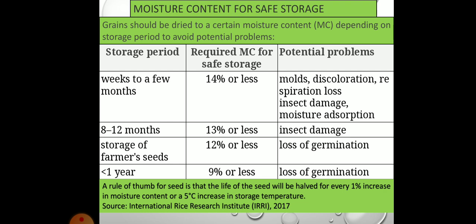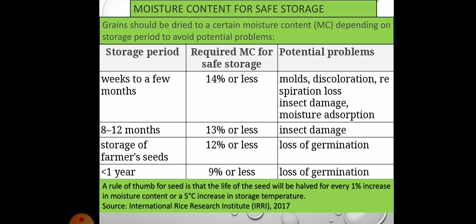So for every decrease of 1% of moisture content in the seed, it will double the seed life. That is applicable only for 4% to 14% moisture content.